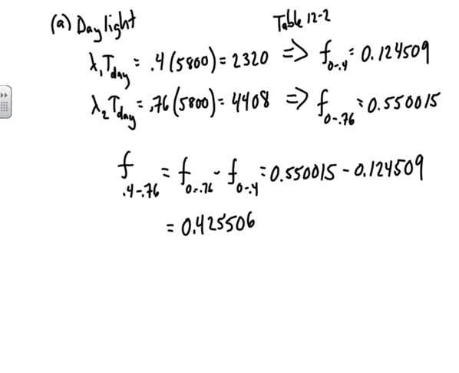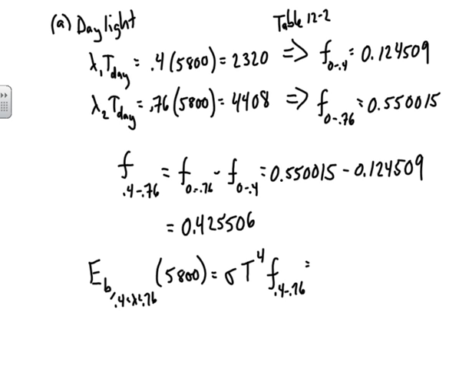The next thing we need is the black body radiation within this range, evaluated at 5800. For a black body, we have sigma times T to the 4th, sigma being our Stefan-Boltzmann constant, times our fractional value.